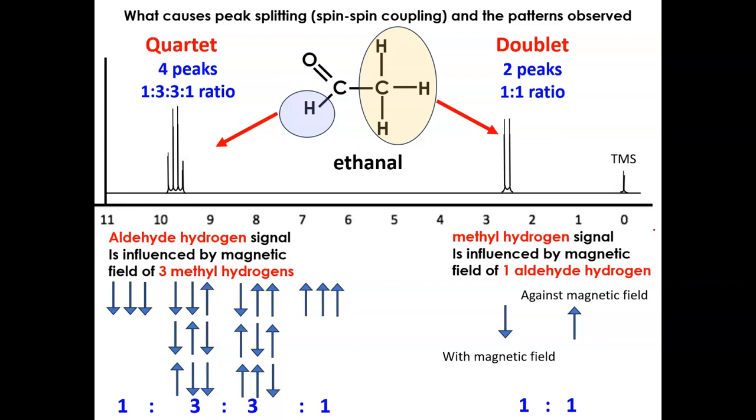I've used up and down as opposed to with or against, but you know what I mean. So we've got 3 down, 2 down and 1 up, 1 down and 2 up, or 3 up. Well, of course, there are 3 different versions of 2 down and 1 up, just by looking at the arrows. And there are 3 different versions of 2 up and 1 down, which is why we have a 1 to 3 to 3 to 1 ratio.